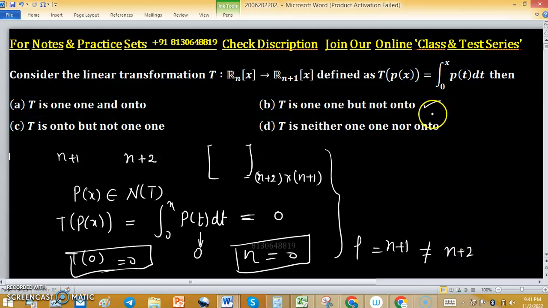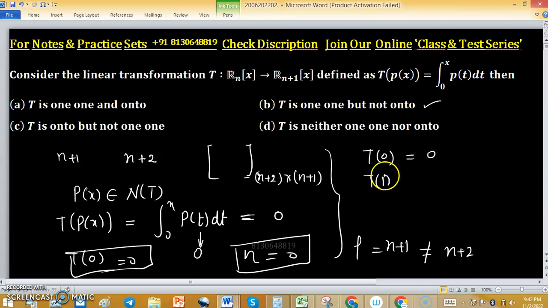Option B is correct. But for the matrix representation of T, we know that 0 of the domain will go to 0 of the codomain. So T(0) is 0, and the basis elements for polynomials of degree at most n will be 1, x, x squared, x cubed, and so on up to x raised to the power n.